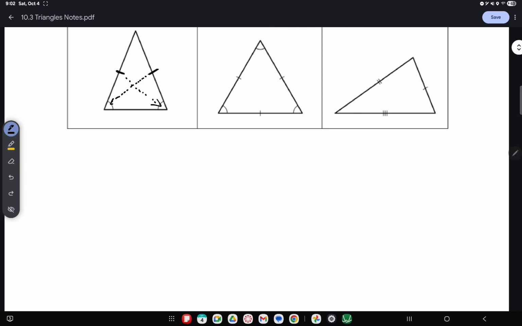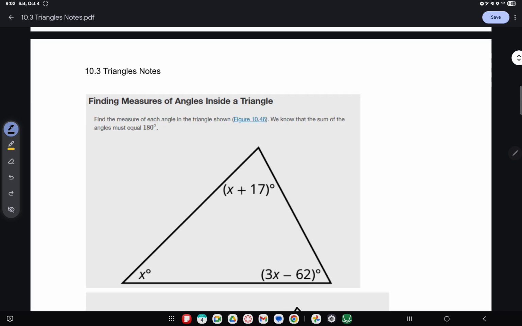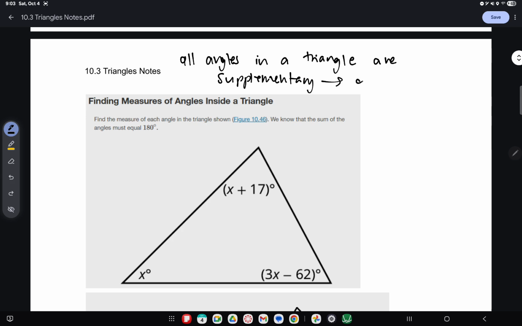We can find the measures of angles within a triangle because all angles in a triangle are supplementary, meaning they add to 180 degrees.